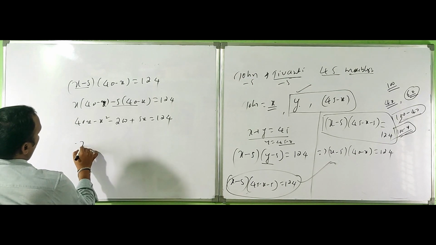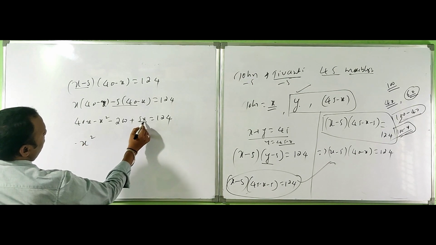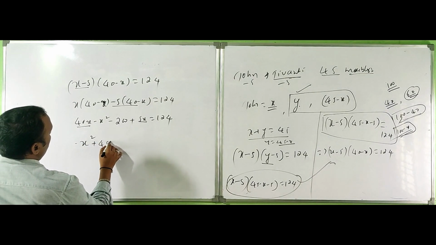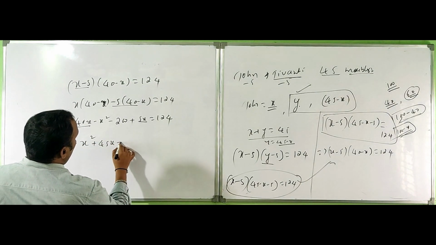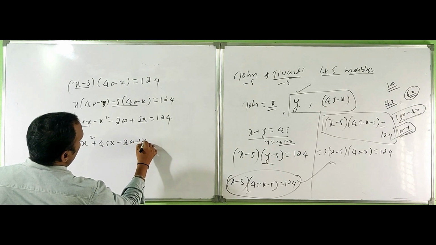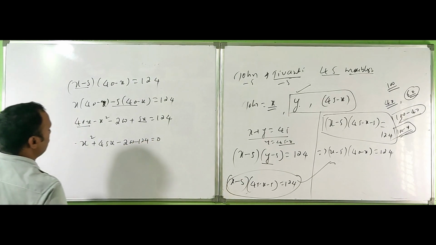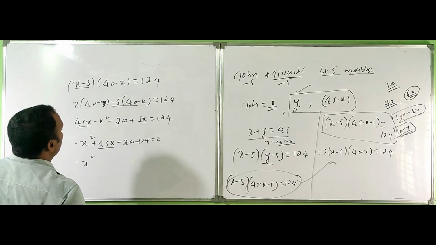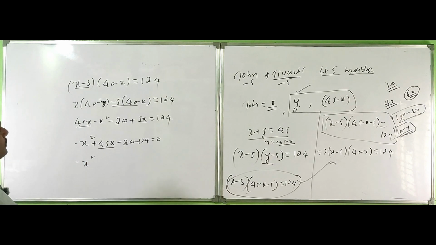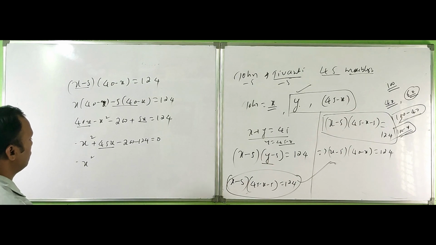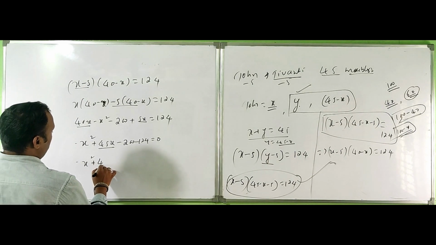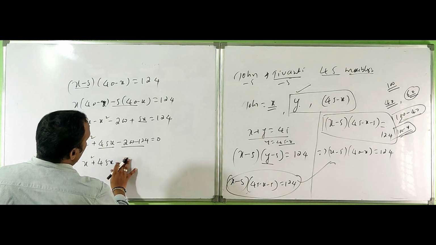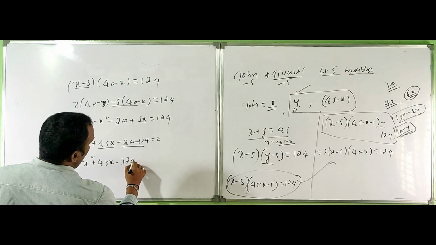Moving terms, we get minus x square plus 45x minus 200 minus 124 is equal to 0, that is minus x square plus 45x minus 324 is equal to 0.